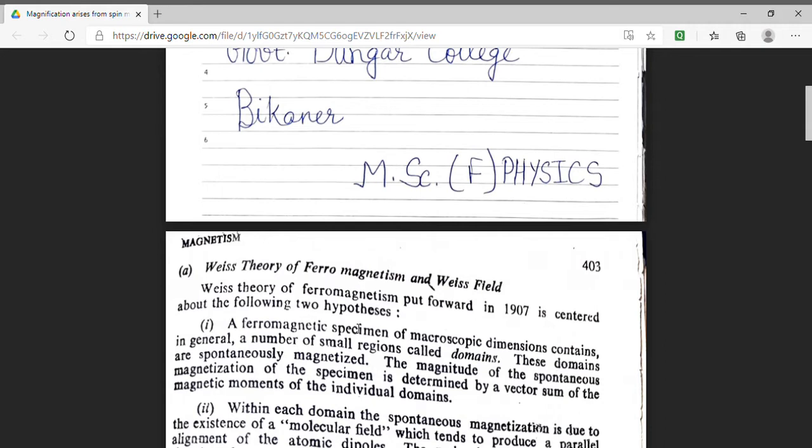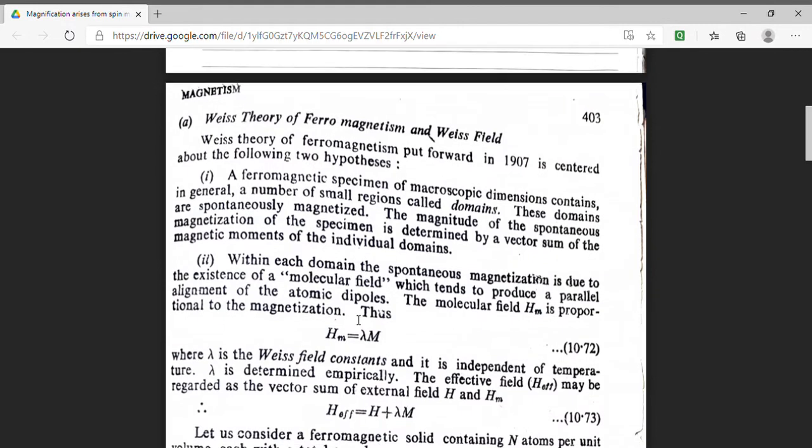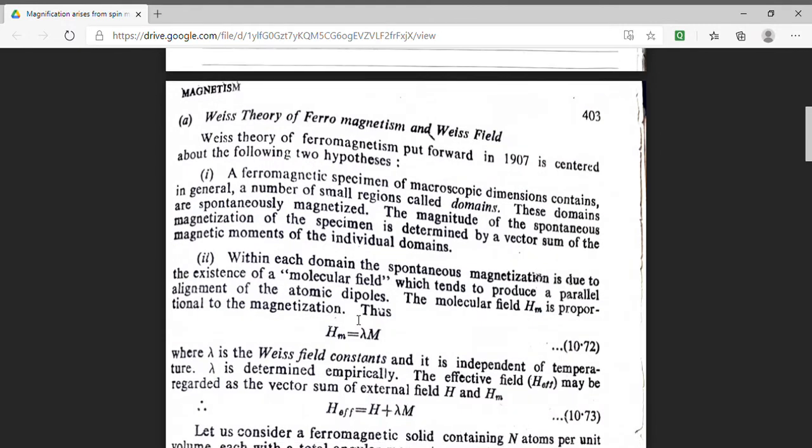And the second hypothesis of Weiss theory is that within each domain, this spontaneous magnetization is due to the existence of a molecular field. And this molecular field Hm is proportional to magnetization.